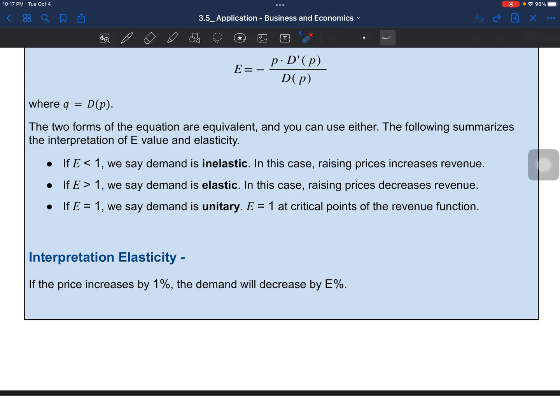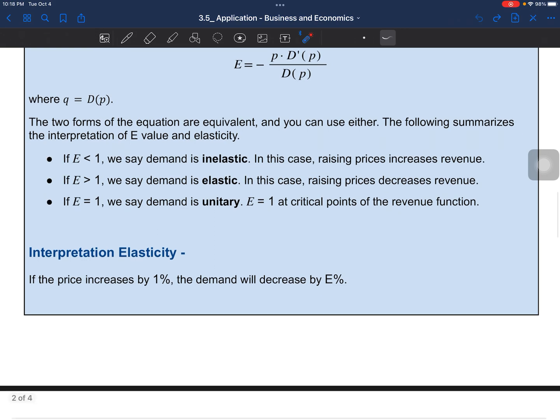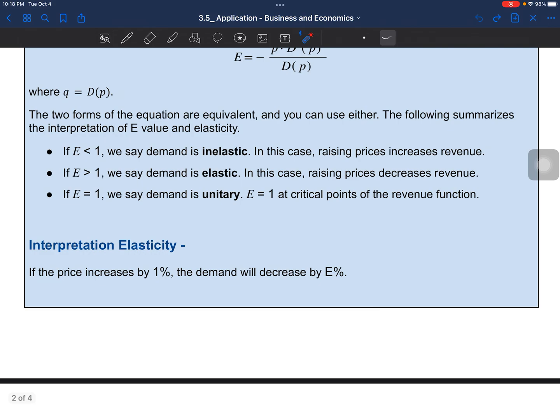So the interpretation of elasticity is that if we increase the price by just 1%, demand will decrease by E%, whatever the E value is. So E is the percentage of change when you increase the price by 1%. All right, so that's it for this introduction. We're going to jump into an example.